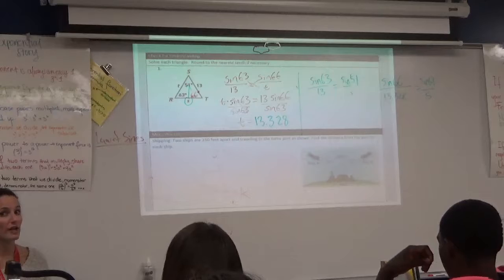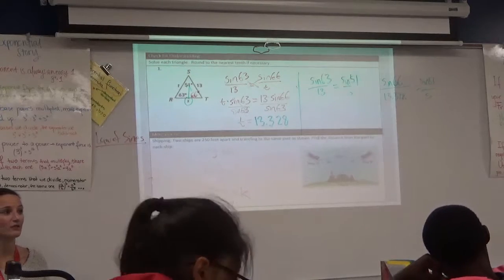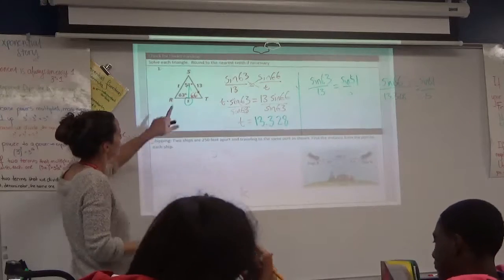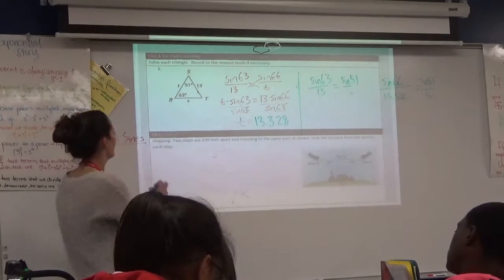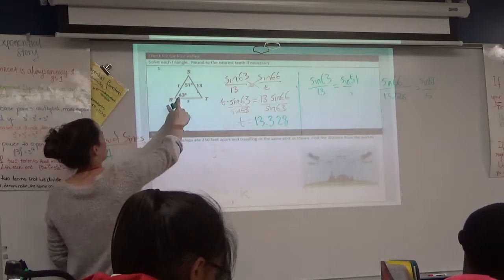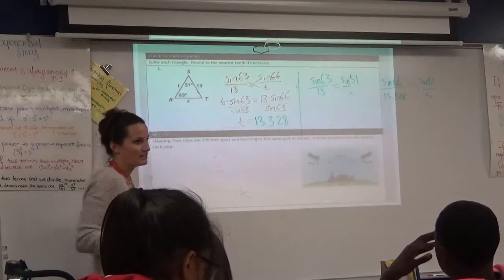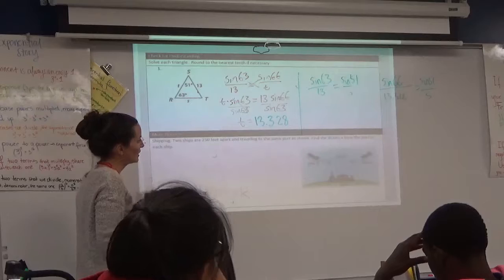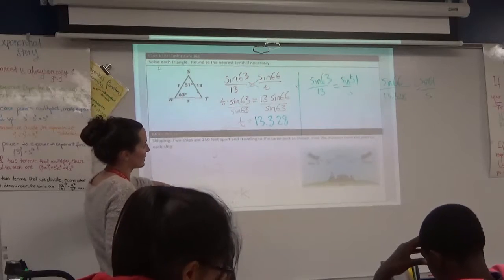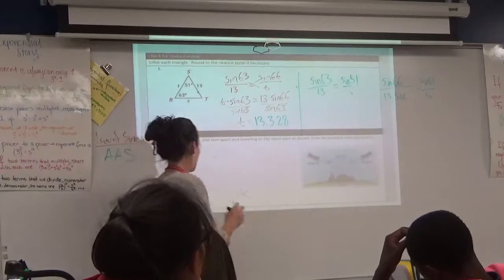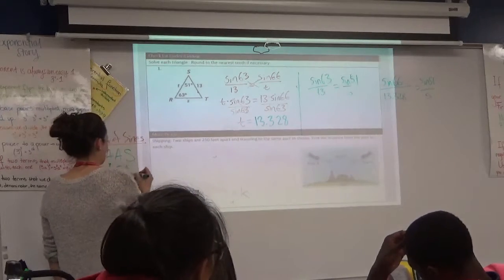So that was what we did yesterday for law of sines. Notice in all these examples, we either had an angle, another angle, and a side, or, if you look at this example right here, an angle, a side, and an angle.